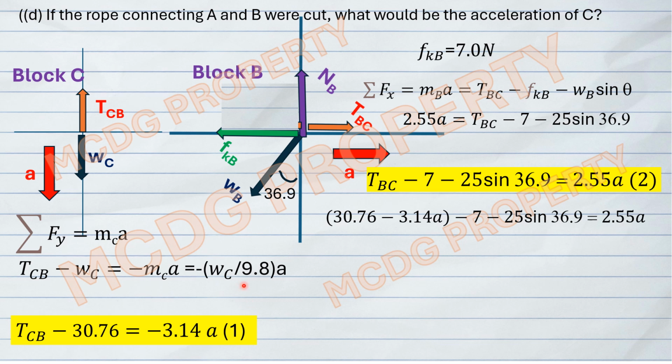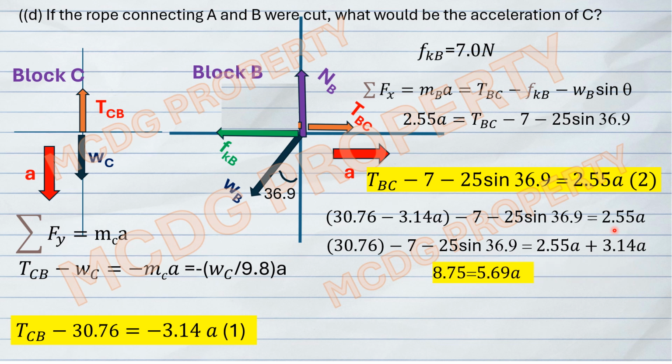So using equation number 1 to solve for the tension, TCB or TBC, we substitute the tension from equation number 1 to equation number 2, so we will obtain this one. And here we will only have one unknown, that is the acceleration.